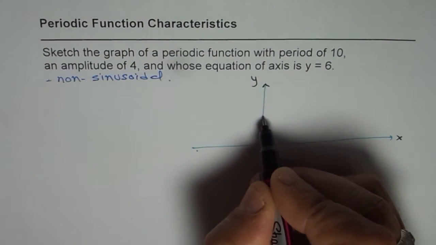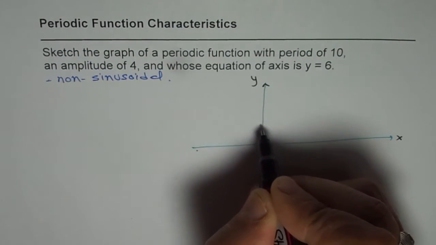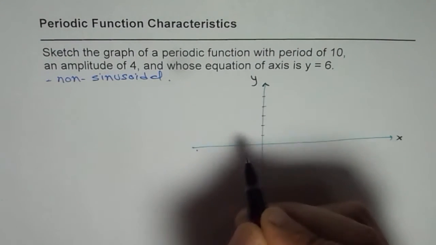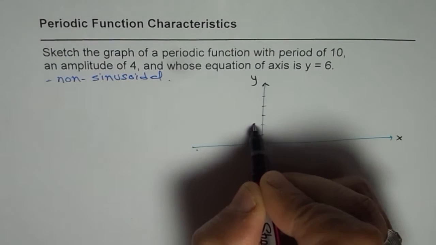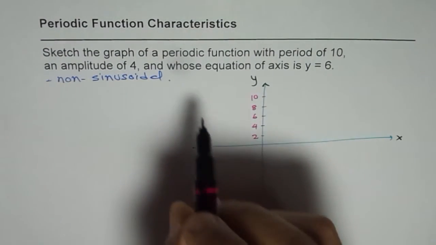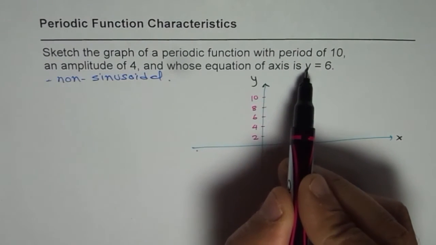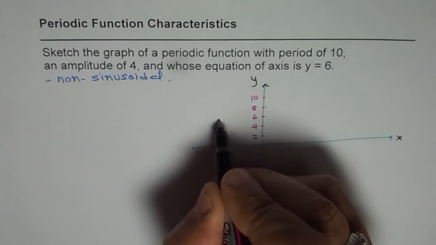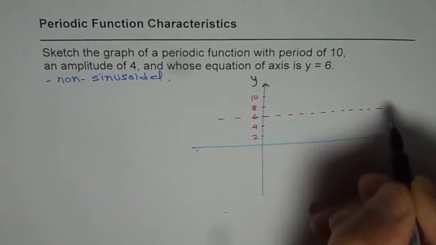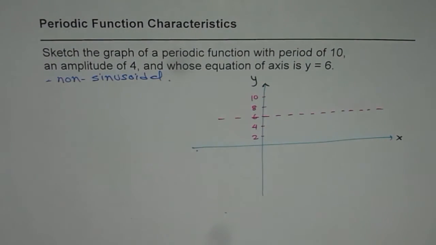So let us say these units are 2, 4, 6, 8, 10. The equation of axis is y equals 6. That means the axis is somewhere here, right? That is the axis for us, y equals 6.